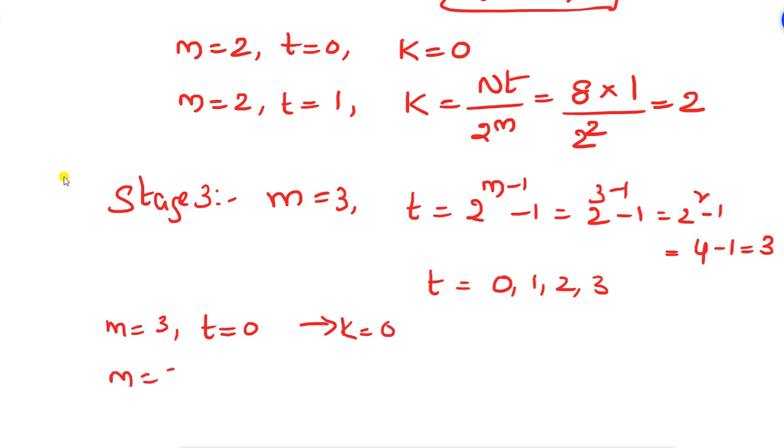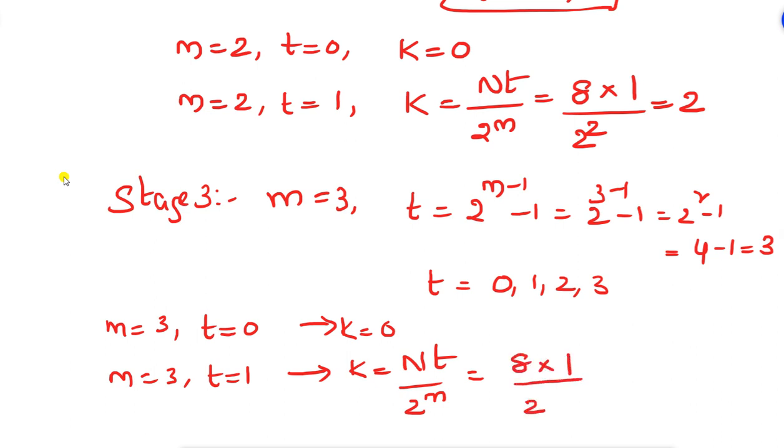Okay, if m is equal to 3, t is equal to 1. Now see, k is equal to nt by 2 to the power of m. So here n is equal to 8, t value is 1, and 2 to the power of, here m value is 3, so 2 power 3. So 8 by 8, the 8 gets cancelled, the value of k is equal to 1.